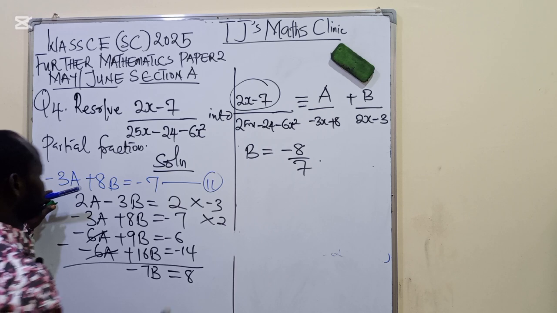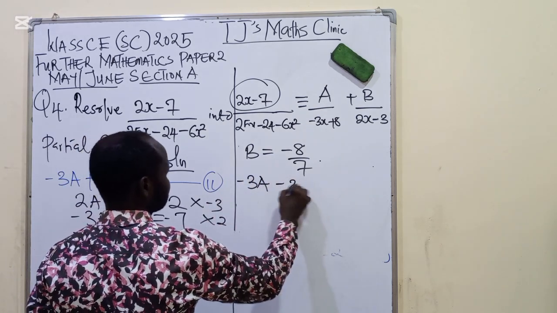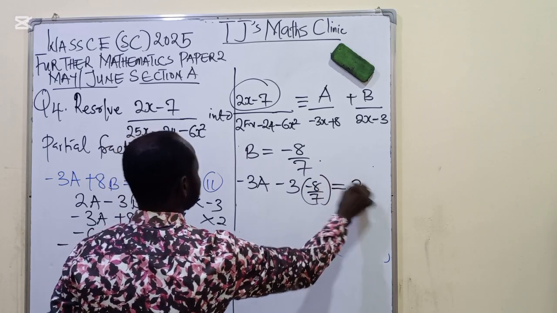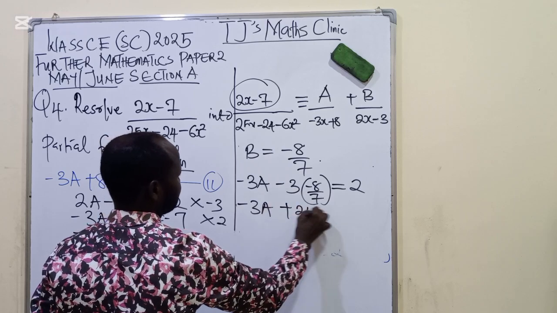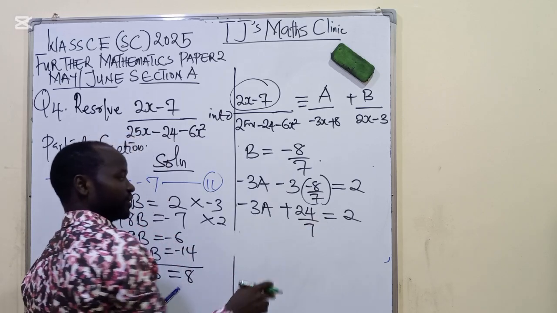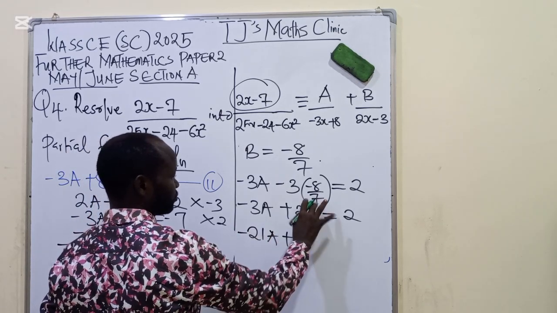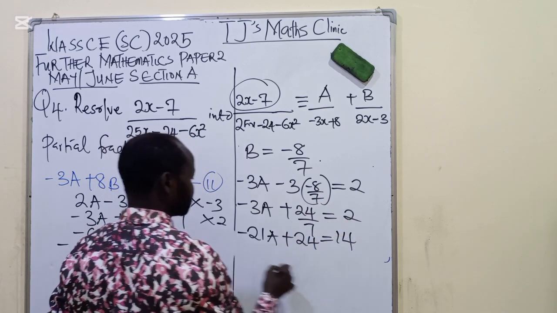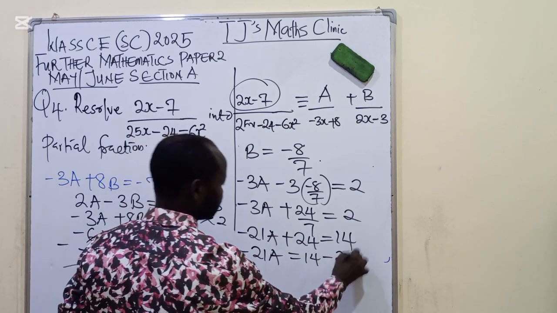Let's use equation 1: 2a minus 3 into minus 8 divided by 7 equals 2. Then 2a plus 24 divided by 7 equals 2. Let's multiply by 7 to clear the fraction. That will be 14a plus 24 equals 14.